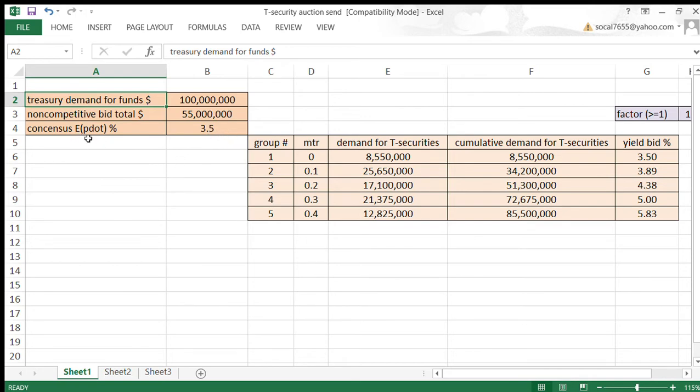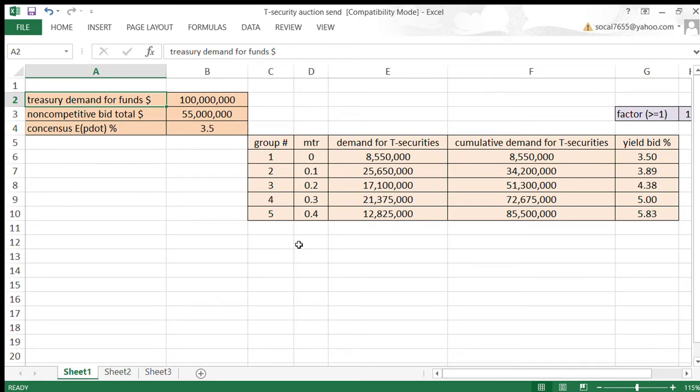E expected value, P dot, is a P with a dot over it, rate of change, the price level percentage. So consensus inflation rate expectation is 3.5%. And now here is the information that we're working with. We're showing different groups in the economy where the groups are distinguished by their marginal tax rates.